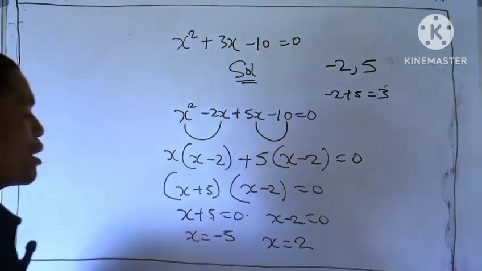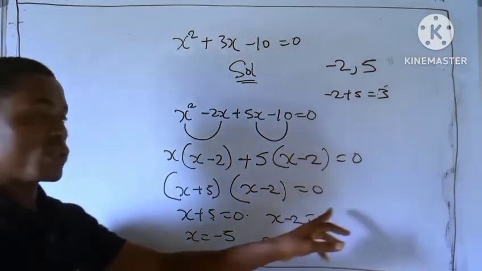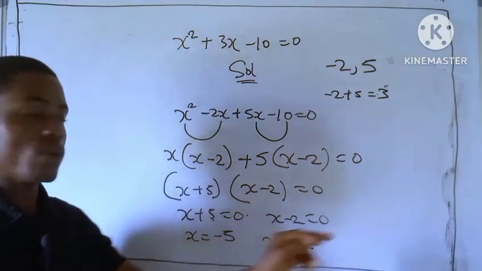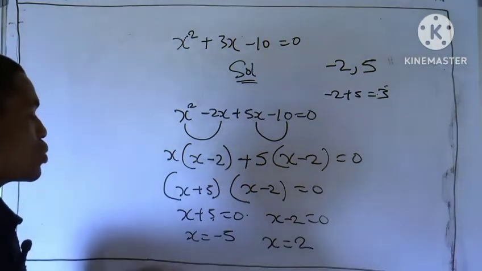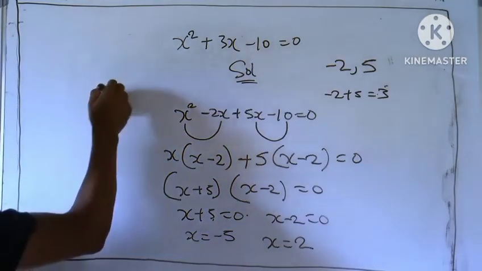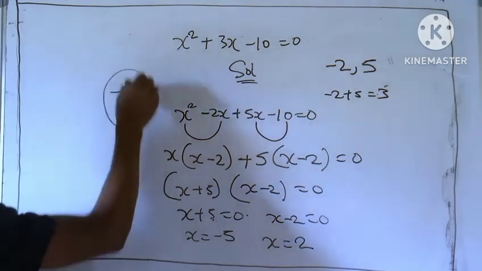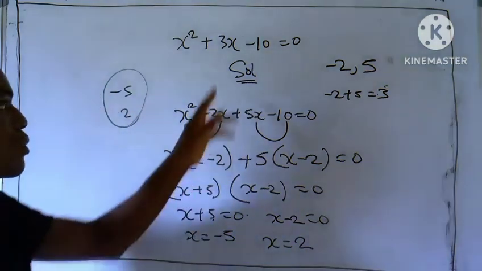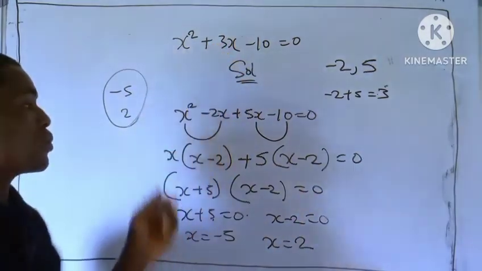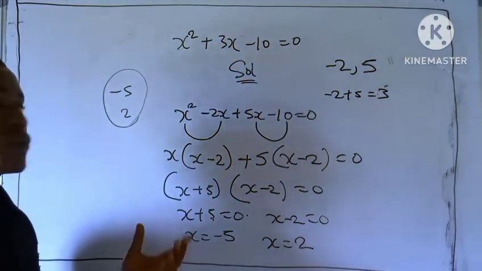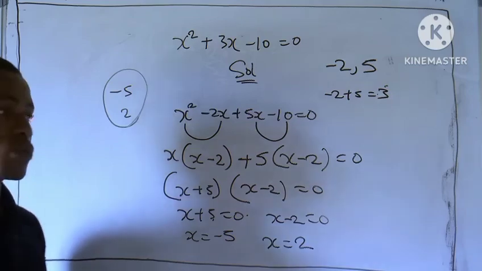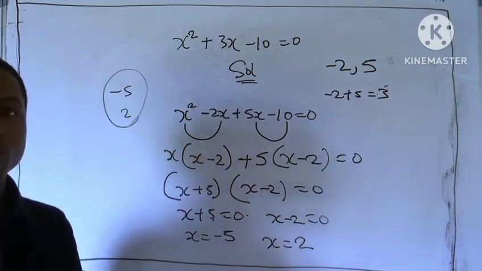Positive. We have minus 2 here, it will change to plus when we move to the right side. So the two answers are what? Minus 5 and 2. So these are the two answers to this given quadratic equation. So this is how you can use the factorization method to solve quadratic equations.